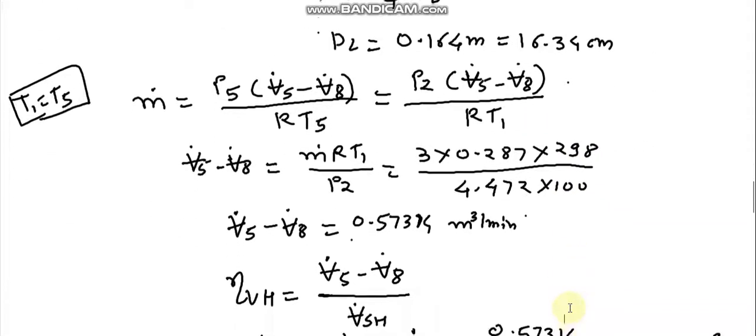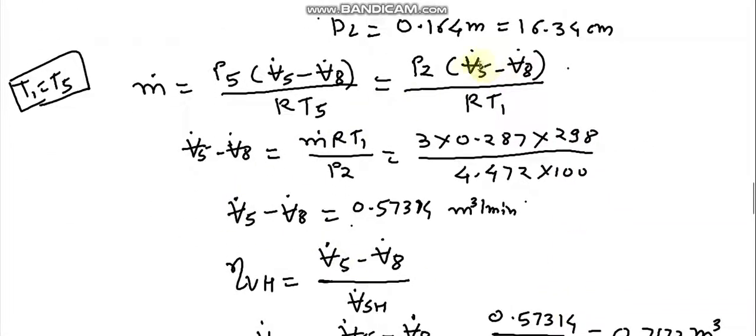From that, we get V5 minus V8 equal to m dot RT5 upon P5. Now T1 equals T5, so we can write T5 equal to T1. So we get m dot RT1 upon P2, because P5 is equal to P2 and T5 is equal to T1. From that we get V5 minus V8. Put in m dot, R, T1 and P2, and we will get this value.